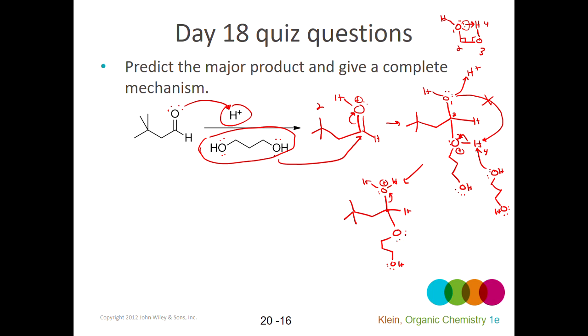And then this oxygen could swing electrons down to help balance out the noble gas configuration of that carbon. So that would give me the next intermediate. This electron swings in here, so now I have a double bond there, stabilizing the positive charge through resonance.